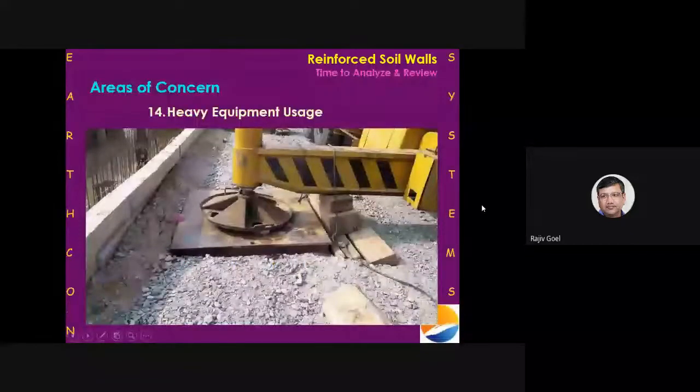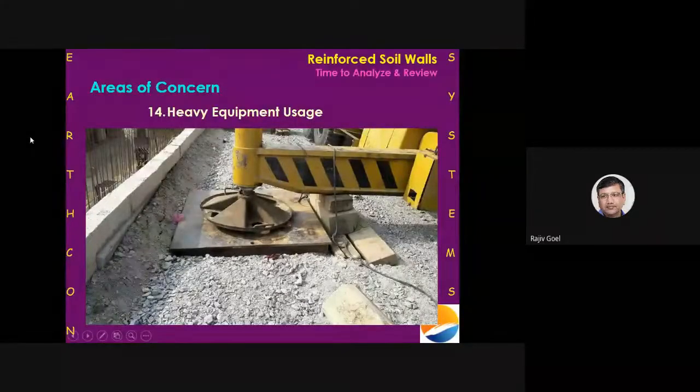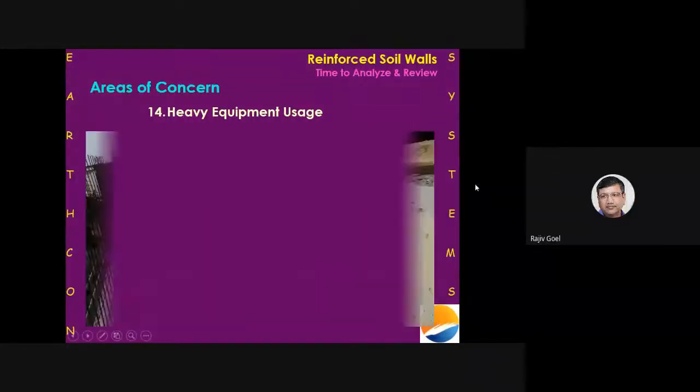This is a picture from a recent project of ours where we finished the walls and the contractor had to launch the precast girders onto the spans, for which he installed a crane on top of the RE wall with no safety margin from the cross wall. And you can see this is what happened.